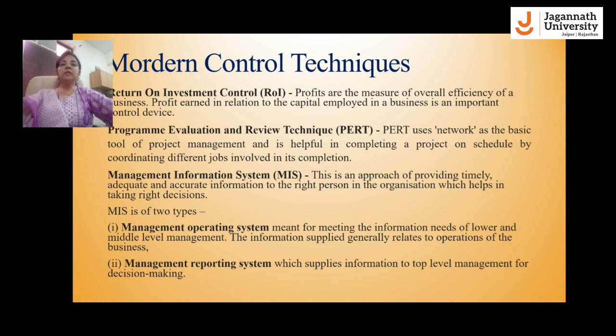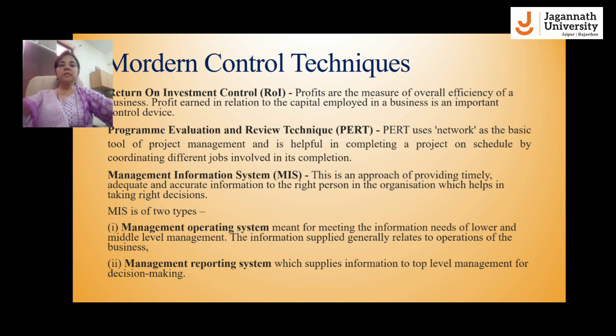Then program evaluation and review technique, also known as PERT. It uses a network as the basic tool of project management and is helpful in completing a project on schedule by coordinating different jobs involved in its completion. Management information system is another modern control technique, an approach of providing timely, adequate and accurate information to the right person in the organization, which helps in taking right decisions.